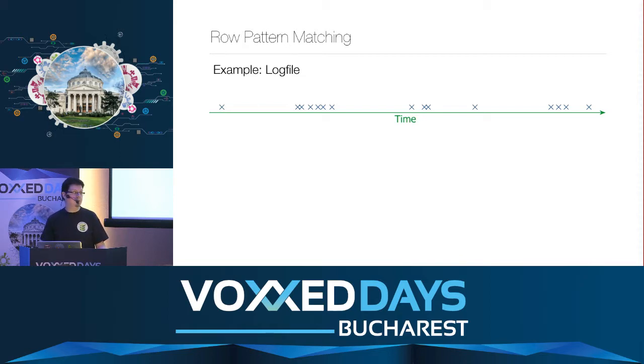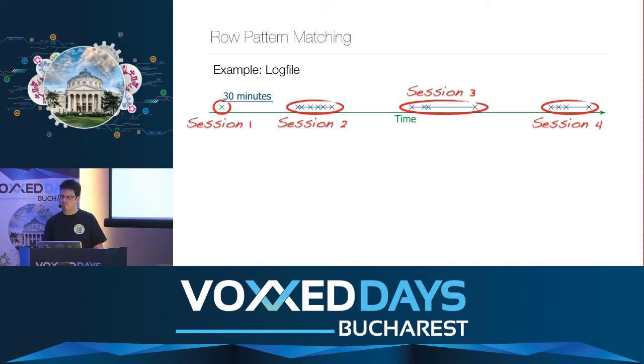For example, if we define a session as continuous as long as one event happens less than 30 minutes after the previous one, then we would end up here with those sessions. We would like to put them together and do some analysis on that, for example, a very simple one, like the average duration of a session.